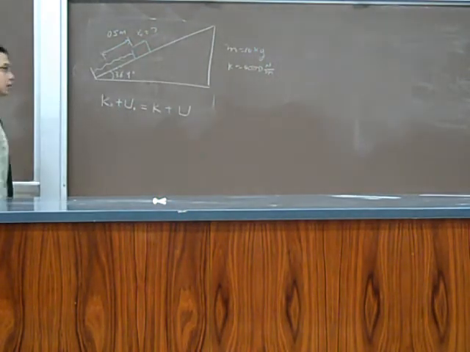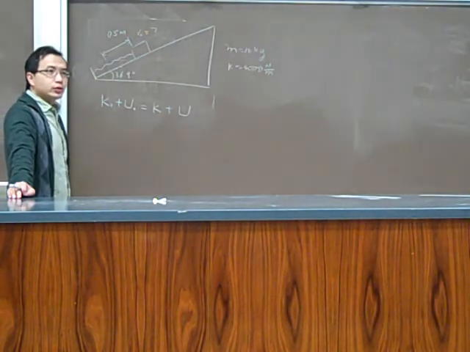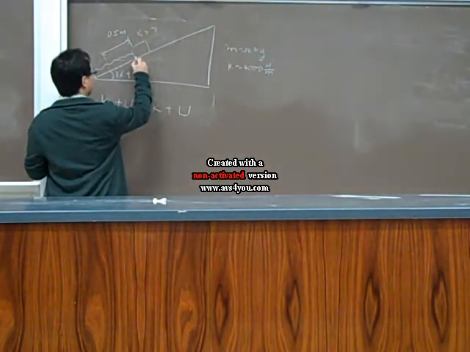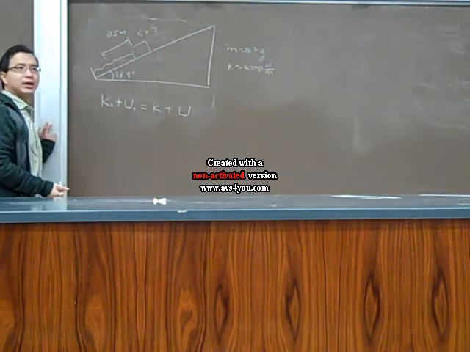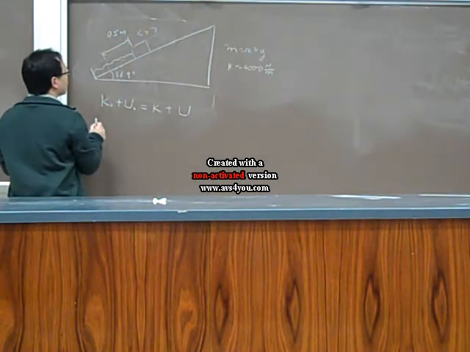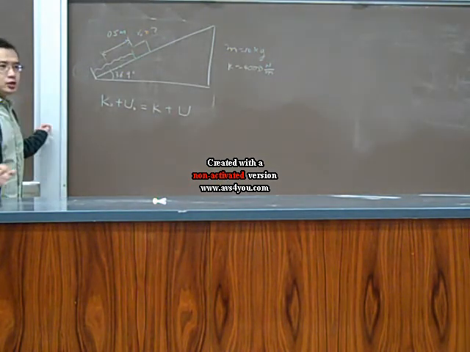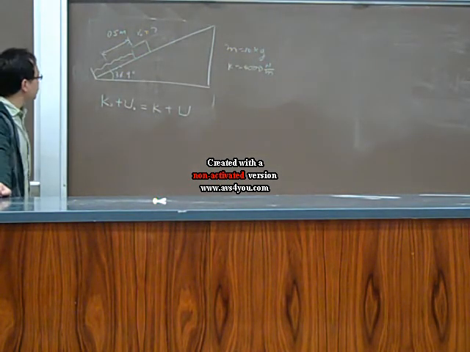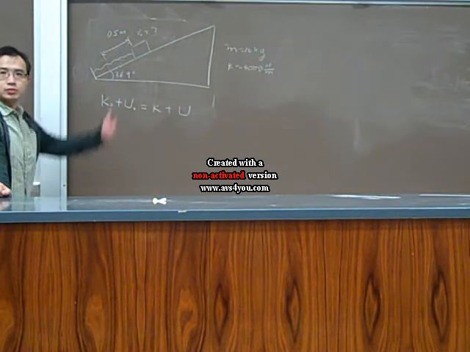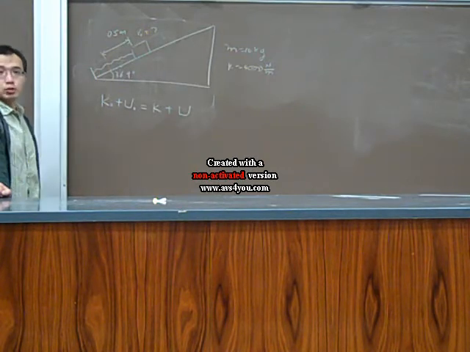Once you identify the equation you're going to use, you need to look at this, our initial state here. We start to compress the spring, and this is our final state. In this problem you have the spring potential energy, since you are compressing a spring. Do you have gravitational potential energy?